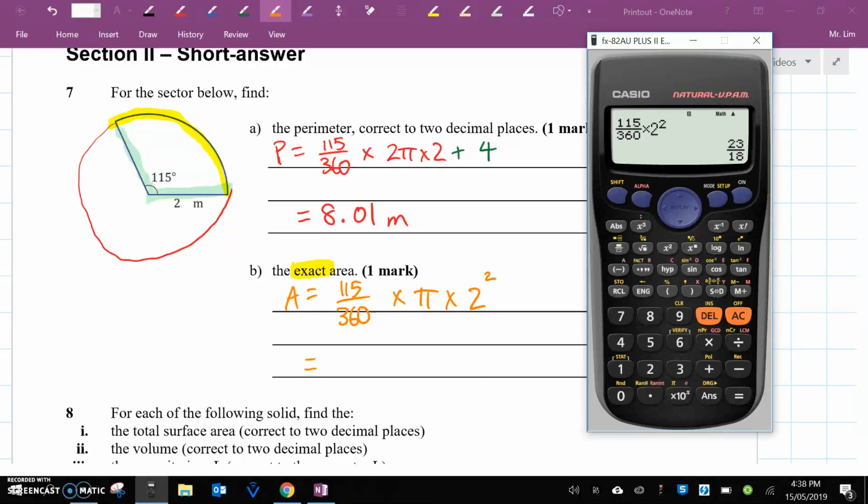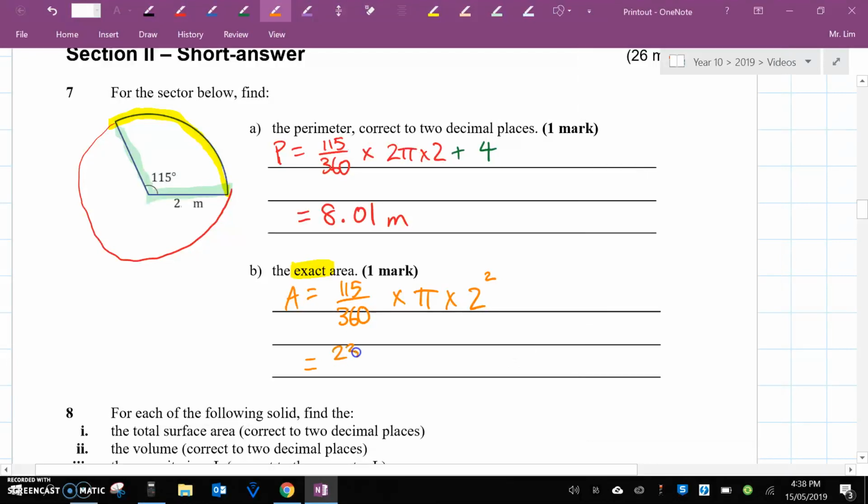Let's just leave it at that, 23 over 18 pi meters squared. Okay, so when we put this in the calculator, whenever it says exact, do not put pi into the calculator. We're just putting everything else, 115 over 360 times 2 squared, and then we can put pi in our answer.